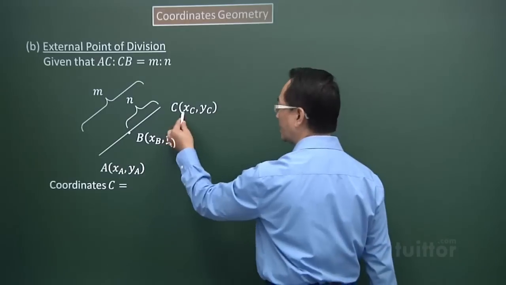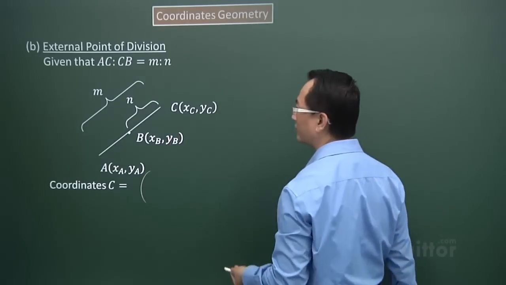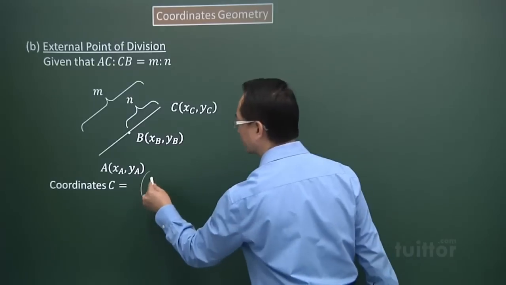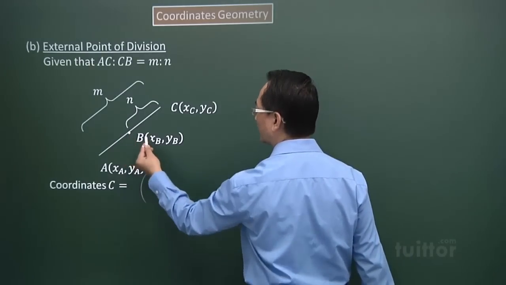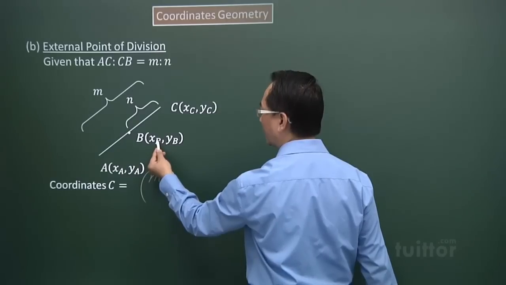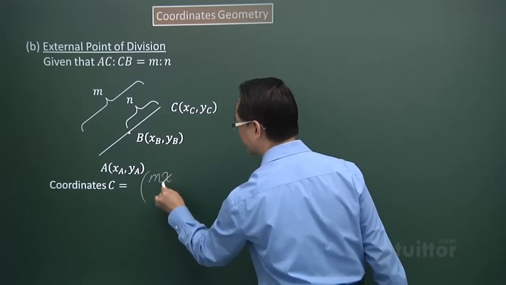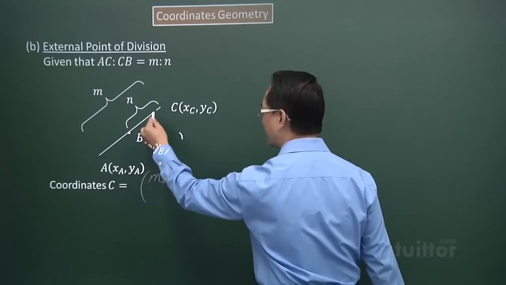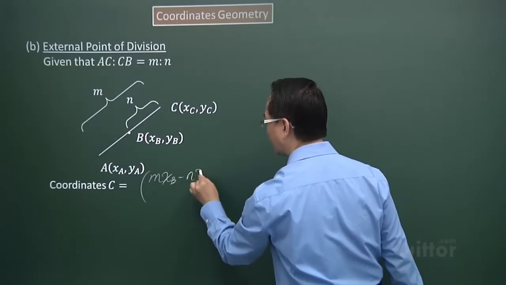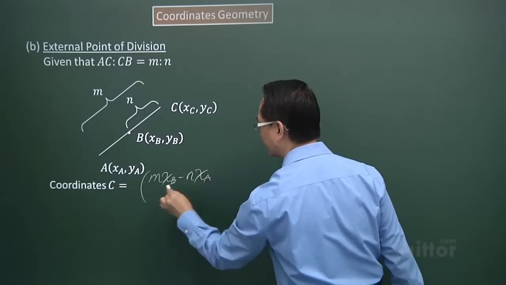To find the coordinates of C, I will have m multiplied to the x coordinates of B, minus n multiplied to the x coordinates of A.